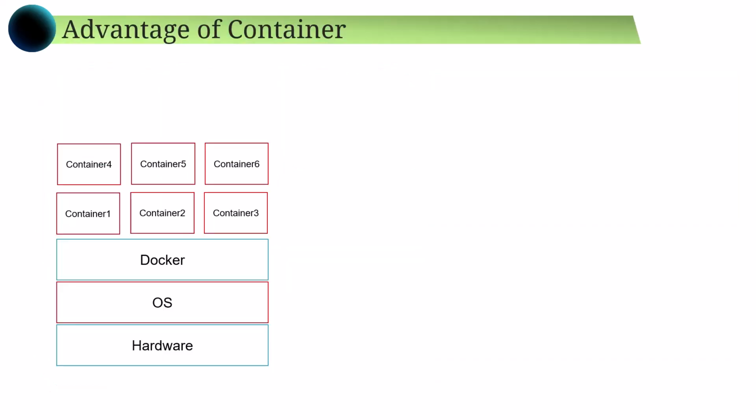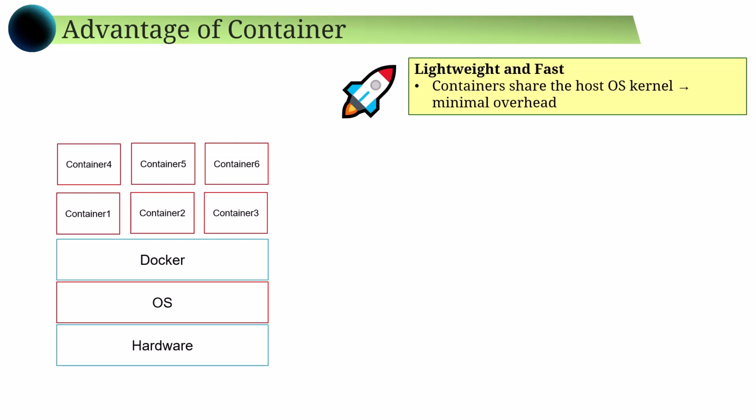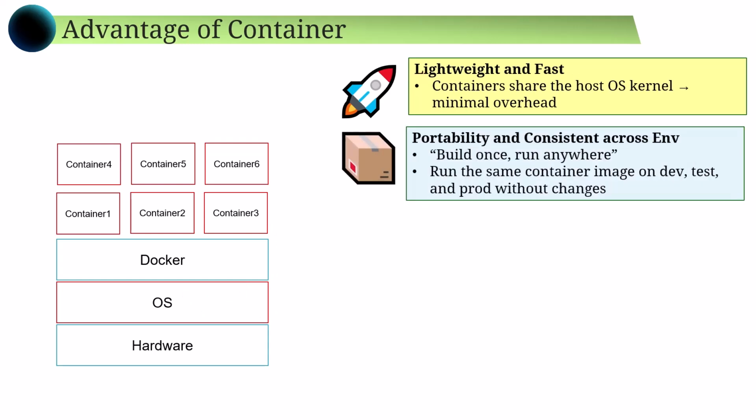What are the advantages of a container? They are lightweight and fast. Containers share the host operating system kernel, thereby minimizing the overhead. That's why they are very fast and efficient. Portability and consistency across environments. The philosophy of a container is build once, run anywhere.